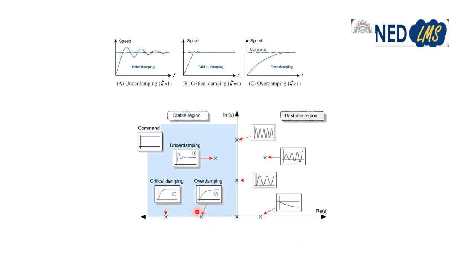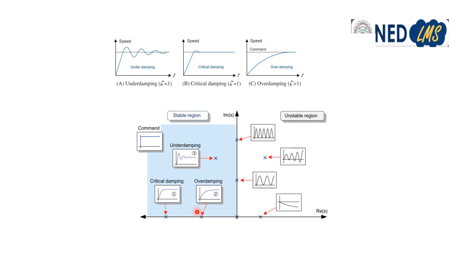Now we have seen this in detail in the previous slides. The only thing is that when we have a complex conjugate pair of poles or a simple real pole, we have different types of responses for the stable systems. Response could be underdamped, critically damped and overdamped.